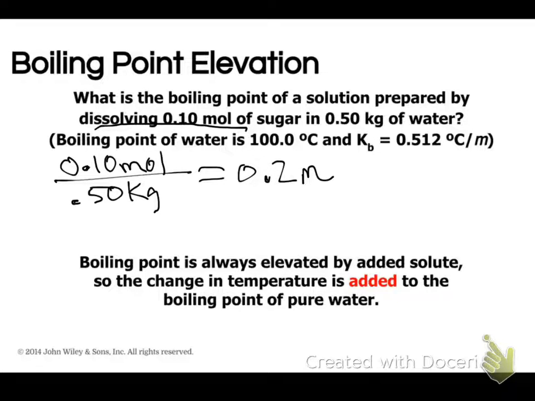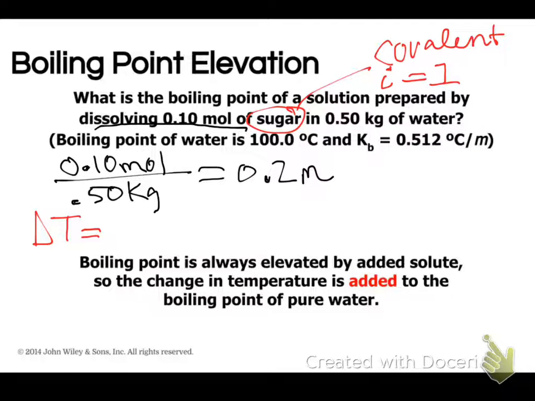Then I'm going to plug everything into that equation that we just looked at. So the change in temperature equals i. Okay, so sugar is a covalent compound, which means, like what we saw in the beginning of the lecture here, when it dissolves, it only forms one particle. So for covalent compounds, the i value is always 1. So we're going to go 1 times the molality. You know, I actually think writing it as moles per kilogram is probably better.